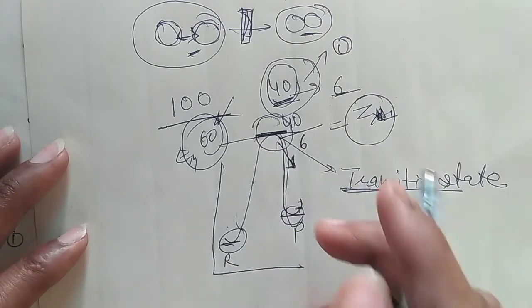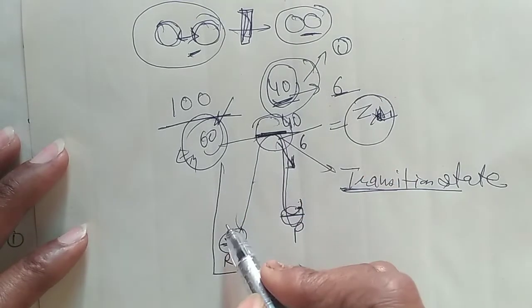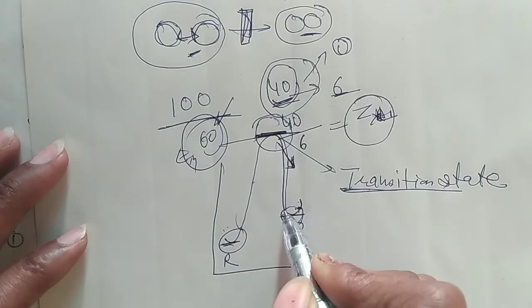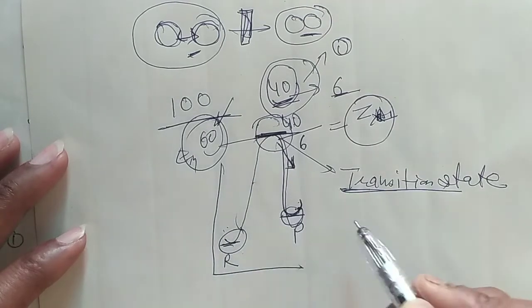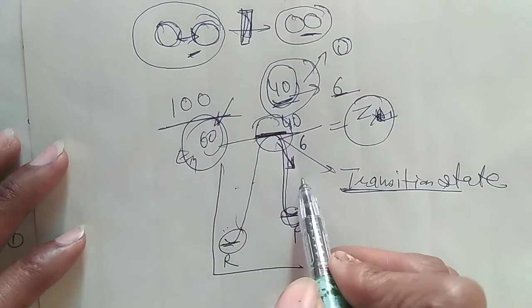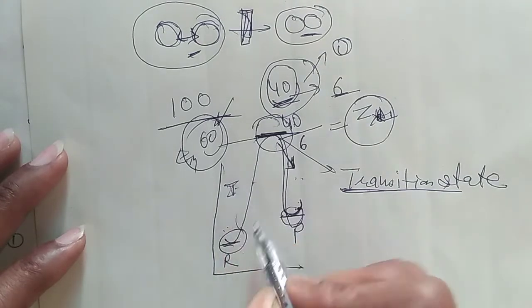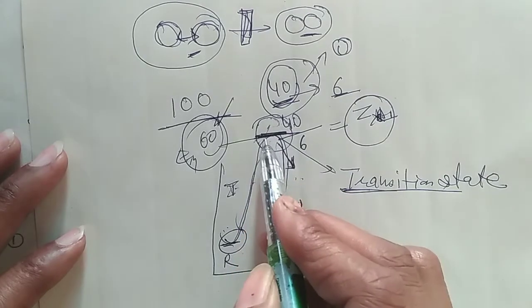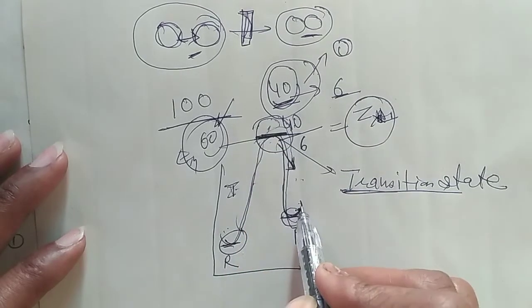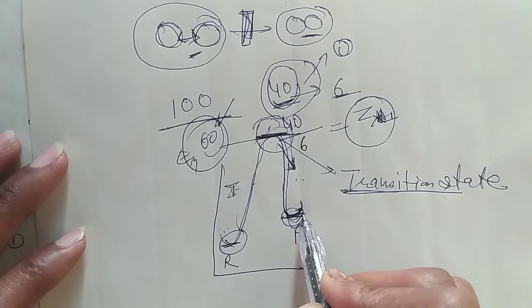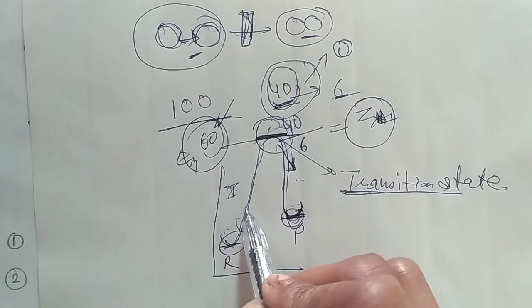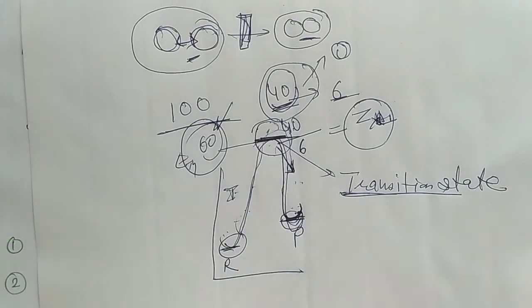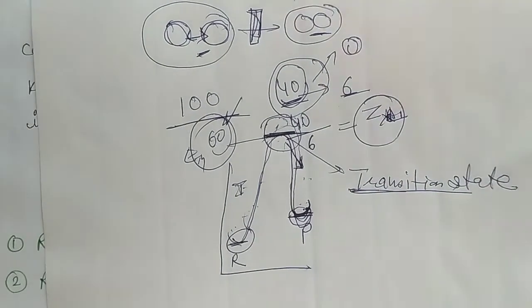So there are two points in the transition state theory. The formation of product, or we can say the rate of reaction, depends upon two steps. First step, the rate of formation of transition state, and the second step, the rate of decomposition of transition state into product. Whichever step is faster, the reaction will be faster, otherwise not.